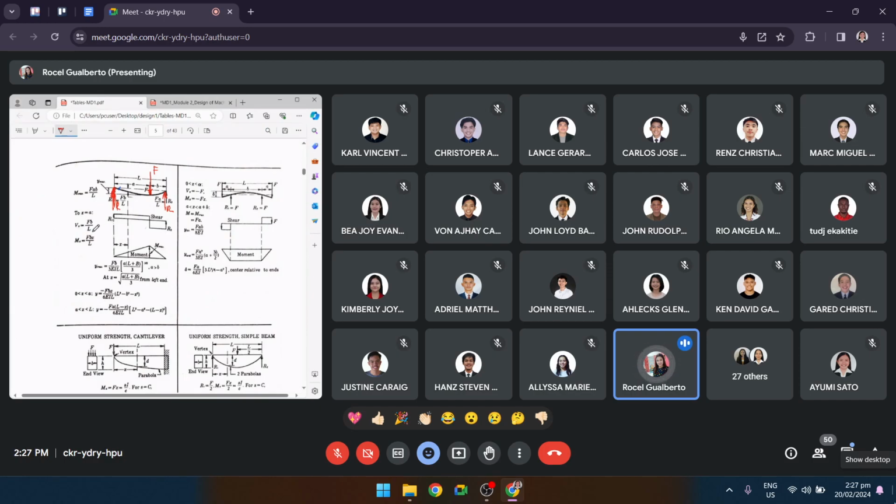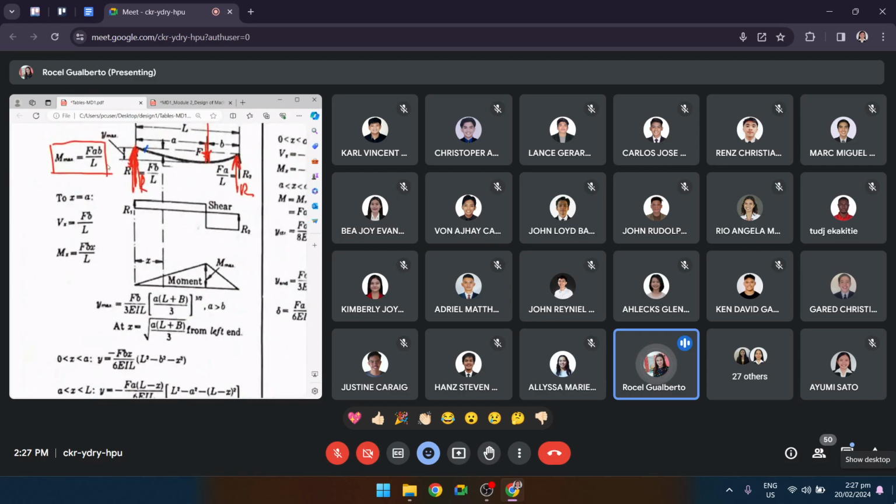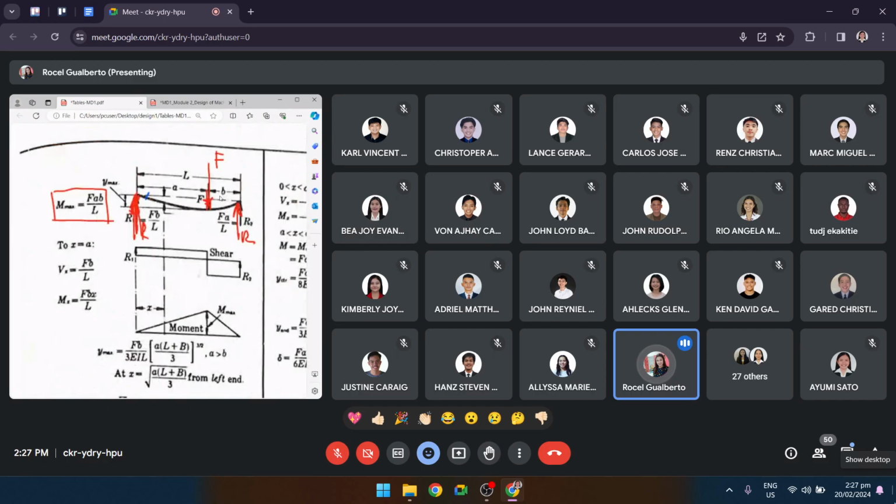You look for the equation and you see here the equation for the M maximum. Since this is similar to the given problem, we adopt this equation. M max is equal to FAB over L. A and B are the distances of your force from the supports.